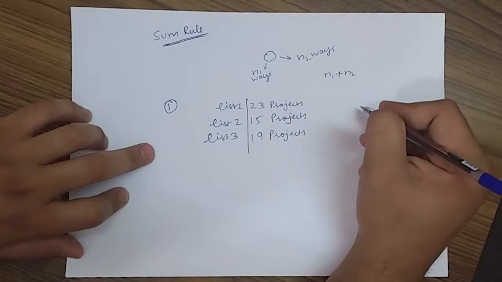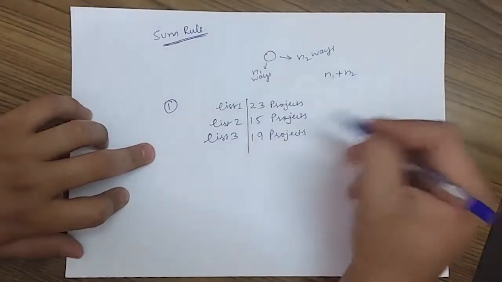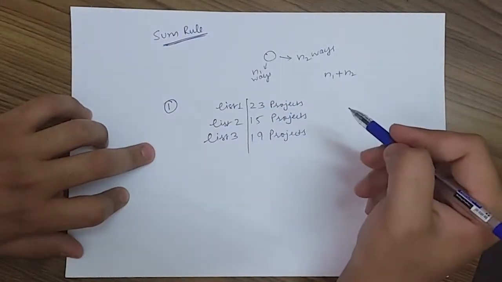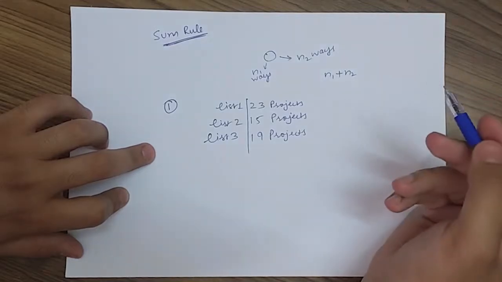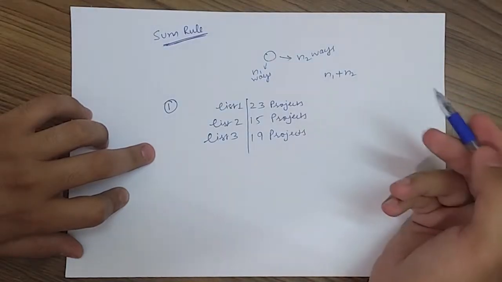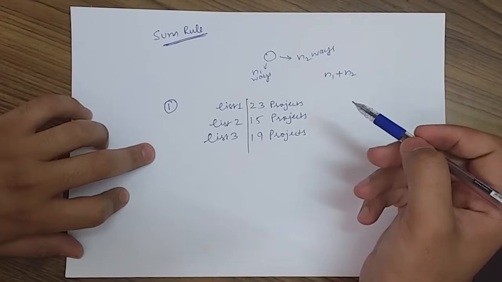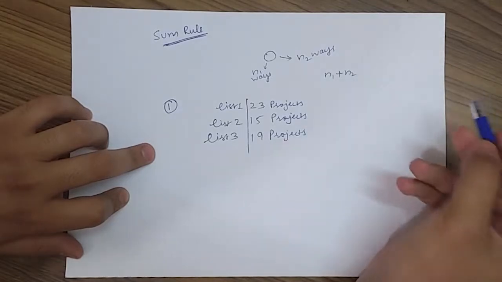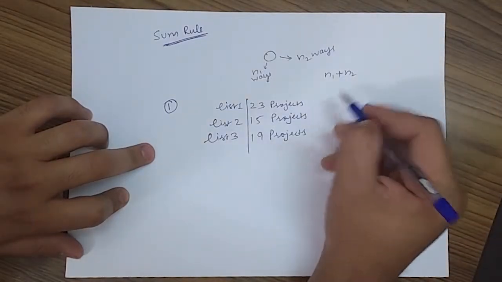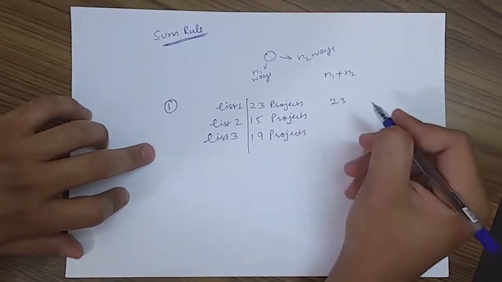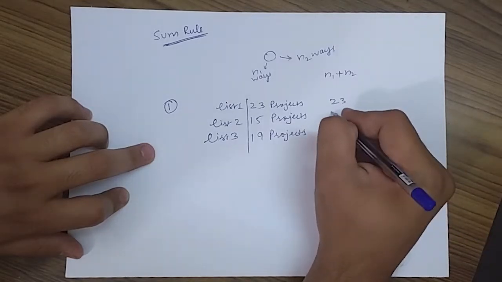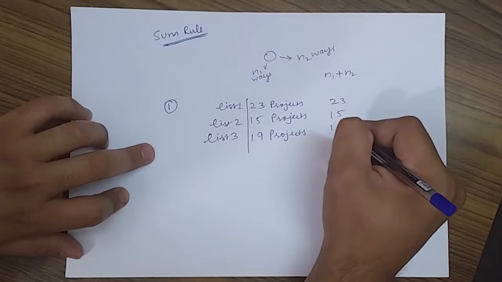Now a student comes and he has to choose a project from these lists. How many choices does he have? How many possible ways of choosing a project among these? So from list 1 he has a choice of 23, from list 2 15, and list 3 19.